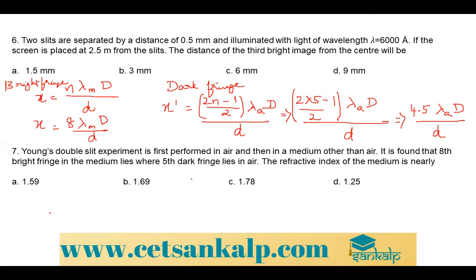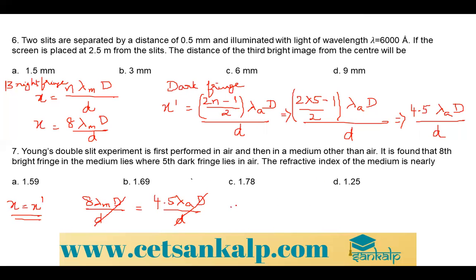But the condition given is x is equal to x dash. It lies at the same place. So can we equate them? 8 lambda m D divided by d is equal to 4.5 lambda a D divided by d. D by d cancels.